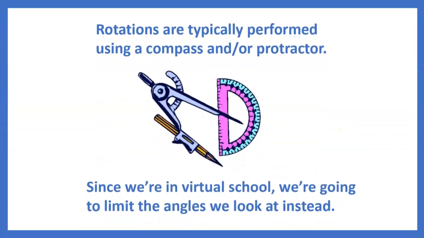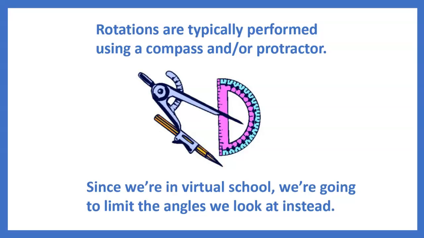So when we are in a physical school with physical paper, we'll typically do these with a compass and or a protractor. These are tools for measuring angles around a circle or drawing circles. But we don't have really great tools for these things quite yet online, so we're not going to be using any of the online tools.